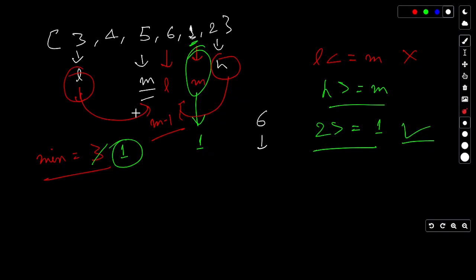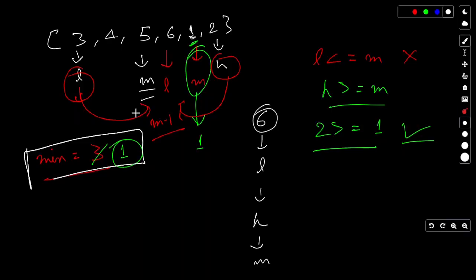At 6 we will have low, high and mid, but at this point 6 is not smaller than the minimum, so we cannot update the minimum element within this array with 6, and we will not use this value. And after this iteration, low will go towards the right, and our binary search condition will terminate.